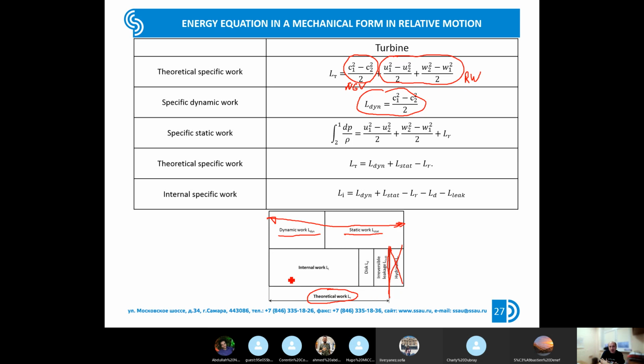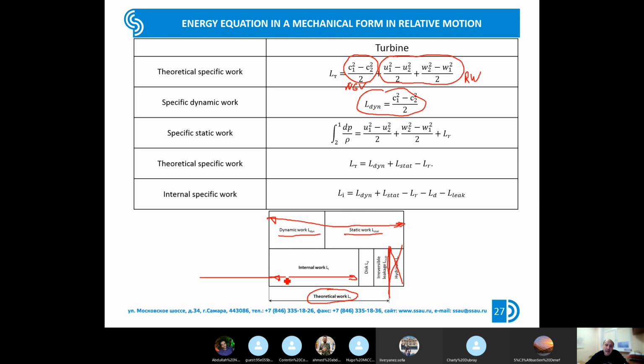The energy which we do not lose to disc friction and to leakages is called the internal specific work, and exactly this energy is supplied to the compressor, which is driven by the turbine.